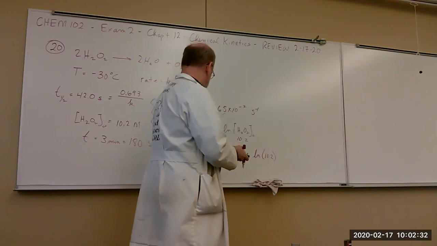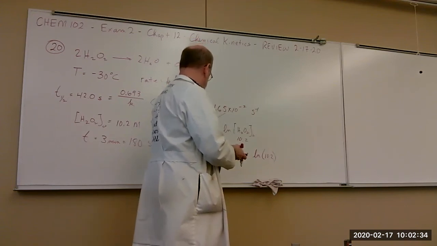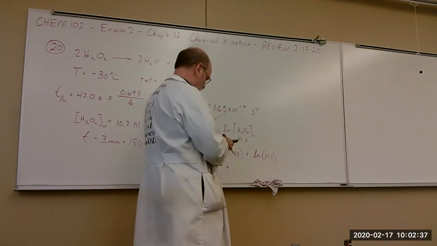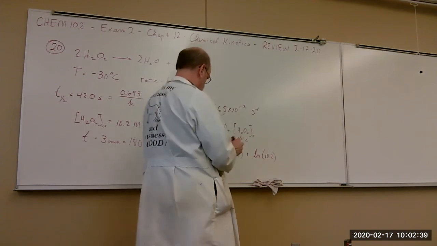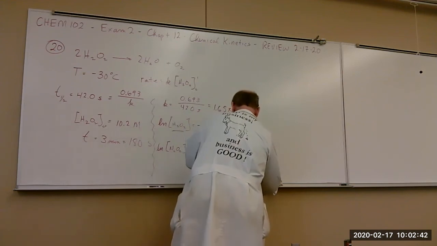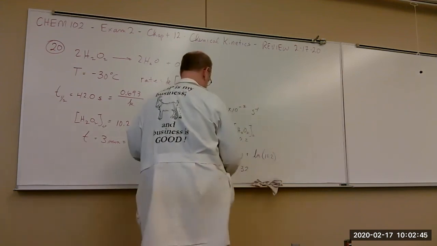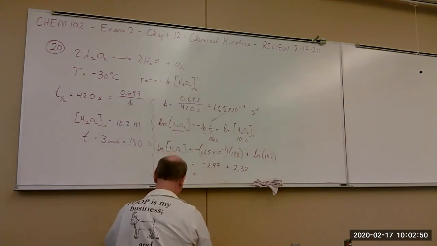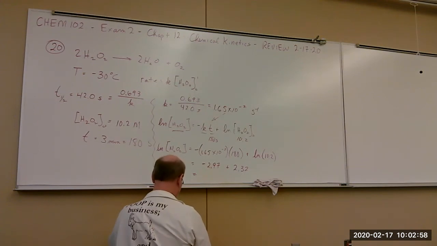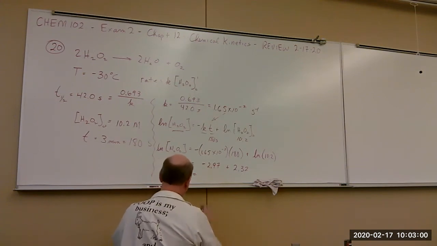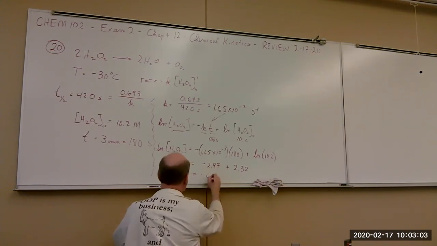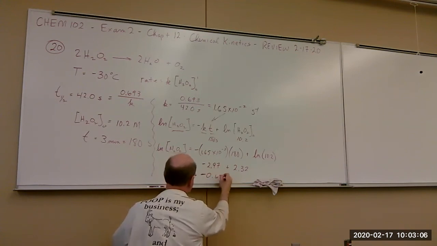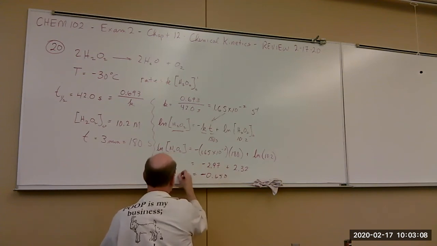1.65 times 10 to the minus 2. He didn't put the natural log in there. And then the natural log of this one is 2.332. Right? So those two together, oops, that's wrong. Forgot the sign. There we go. So this is negative 0.65, which is equal to the log of that value.